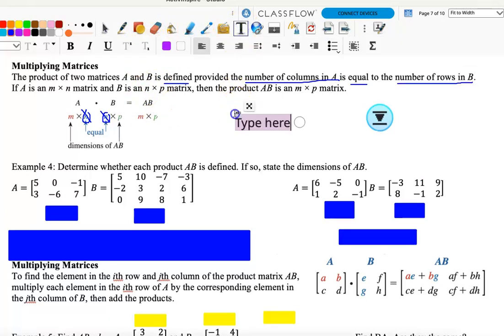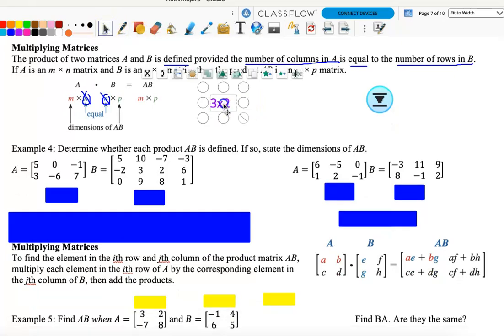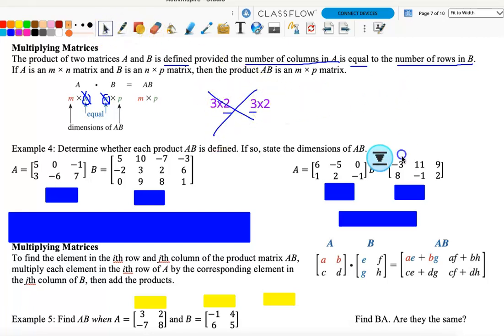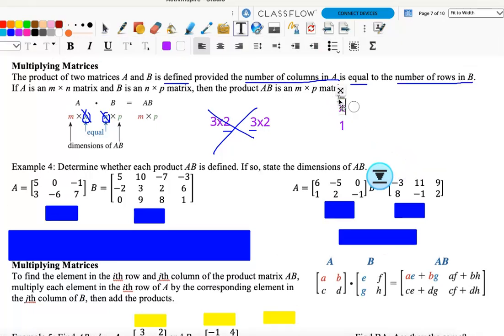So for example, let's say I have a 3 by 2 matrix, and then I want to multiply it by another 3 by 2 matrix. Because these numbers do not match up, you cannot do it. You're not allowed to multiply it. Now, let's say you have a 1 by 5 matrix, and then you have a 5 by 2 matrix.